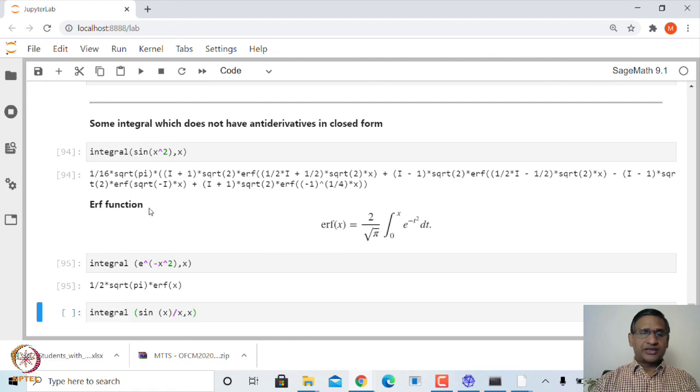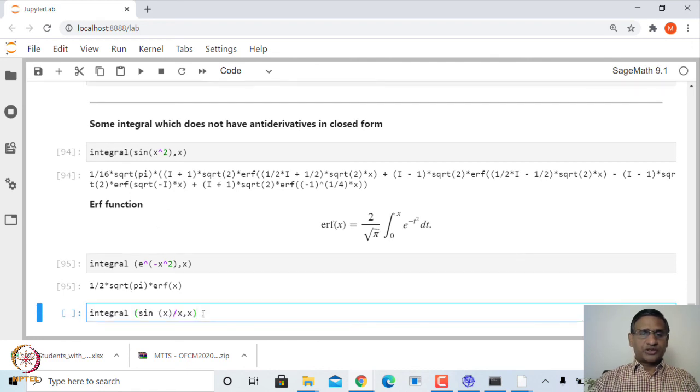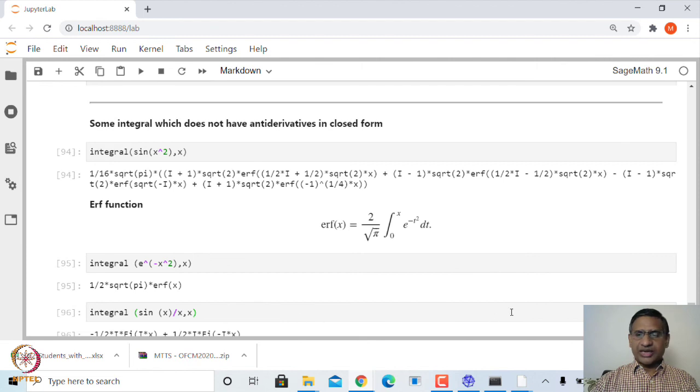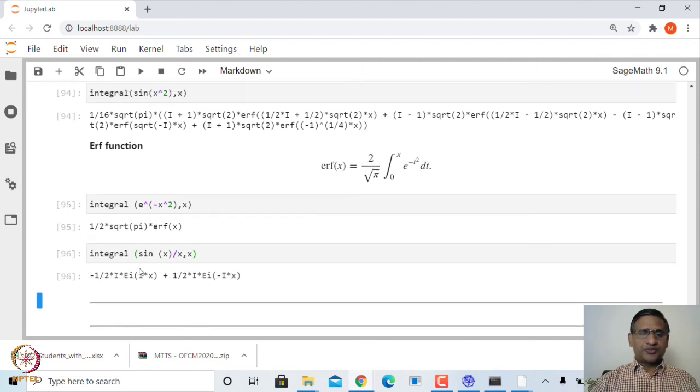If you want to find the integral of such a function, for example the integral of sin x upon x, this gives you a result in terms of Ei of x. You can look at what this Ei function is. Many times the integral of some standard function is defined in terms of some other function, either the error function or Ei(x). You can find numerical values of these things.